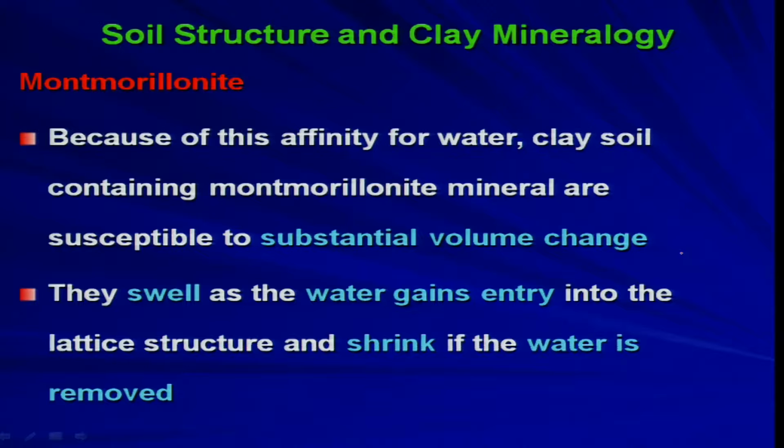They swell as the water gains entry into the lattice structure and shrink if the water is removed. This is a very critical thing for the Montmorillonite type of clay mineral, because water gets inside the interlayer, pushes the structure, and ultimately you get volume expansion, that is swelling in the matrix.